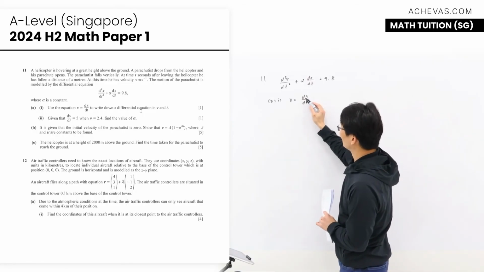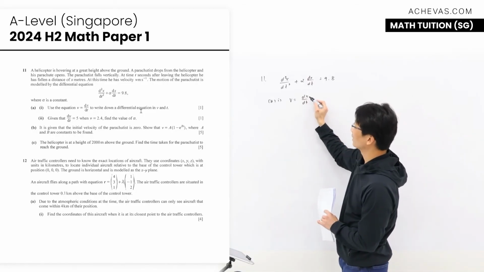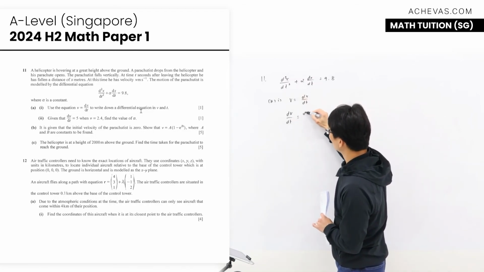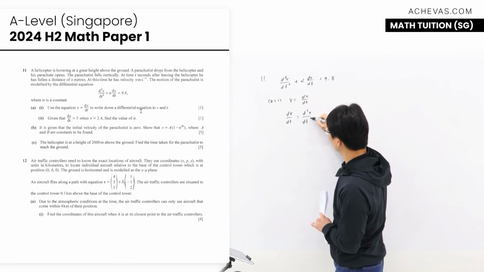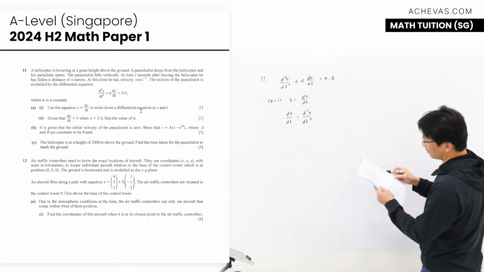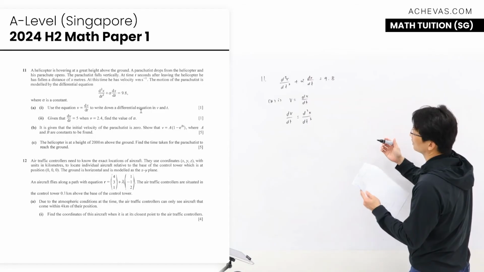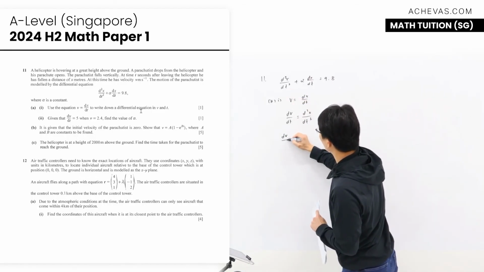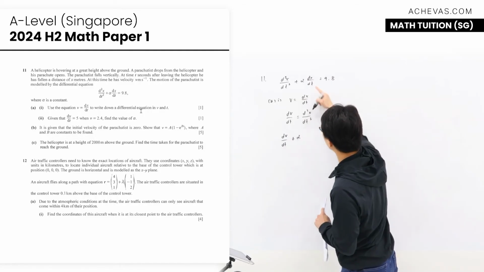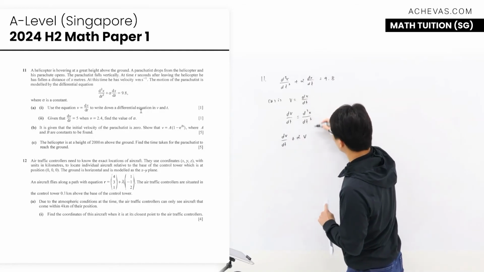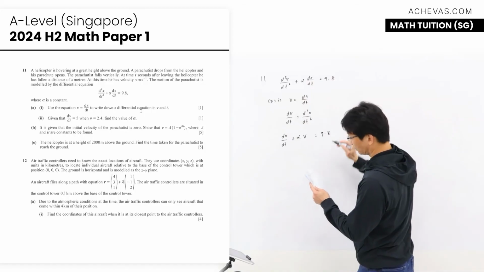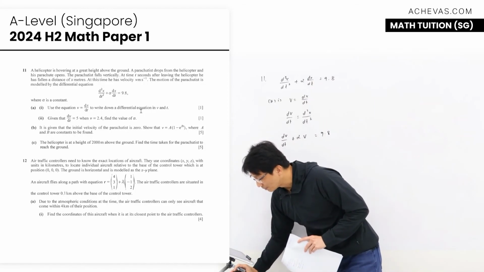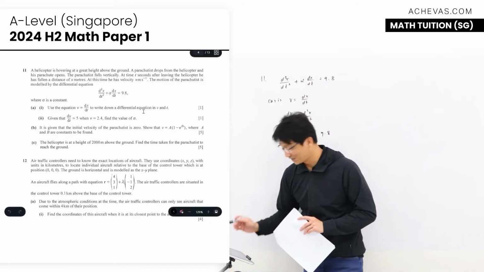At least we will have a d squared x over dt squared term, so I can replace later on. dv/dt will be equal to d squared x over dt squared. Now with this, I think we can start to replace already. This will just be equal to dv/dt plus alpha v equal to 9.8. I think this is already the answer for part 1.